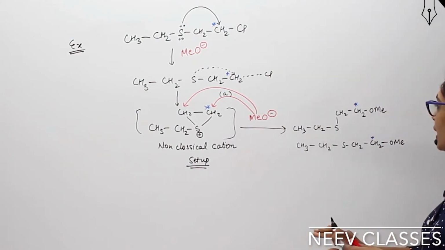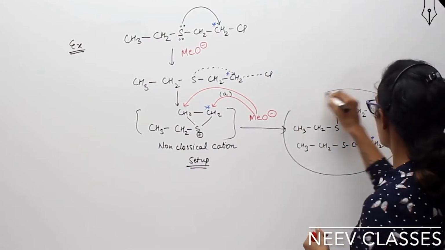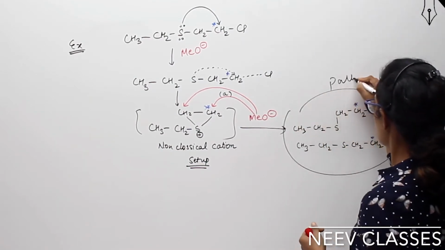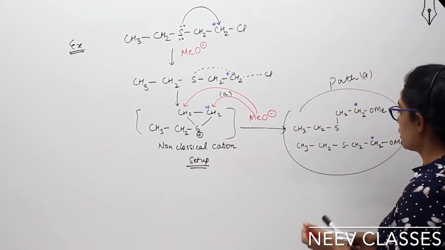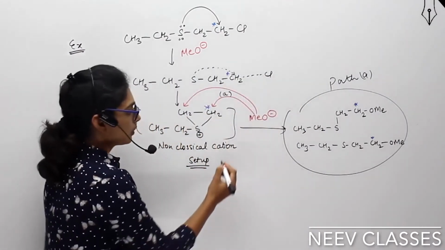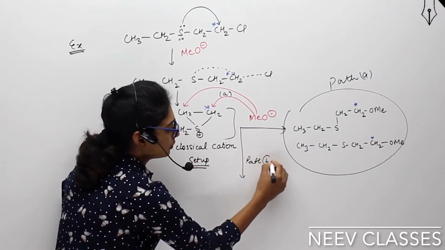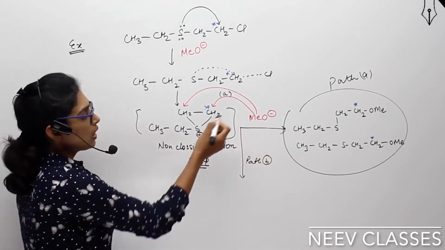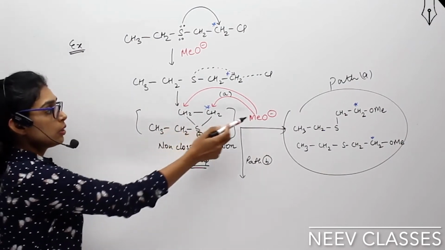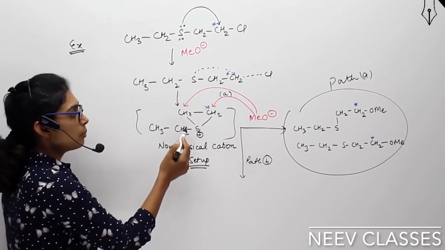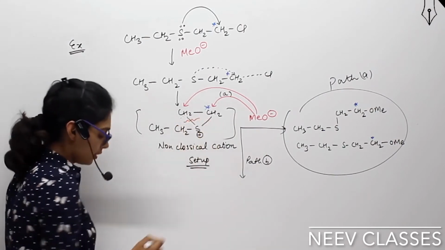Now let's see what will happen if the reaction happens through path B. So this is the product through path A, and let's see the product if we have path B. If the reaction takes place through path B, the nucleophile attack will happen on this carbon, and the bond between this carbon and sulfur will break.